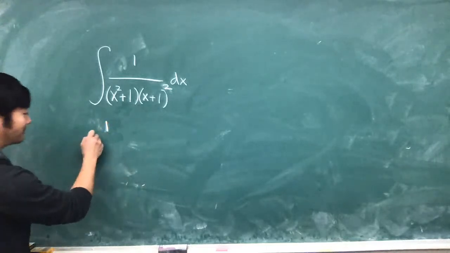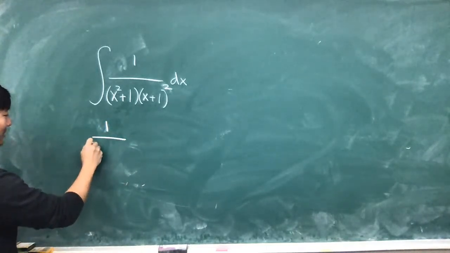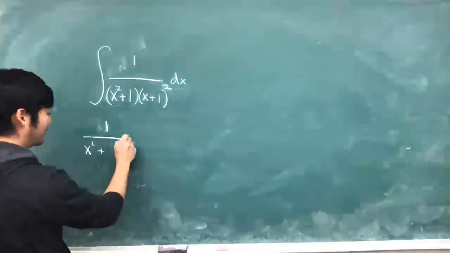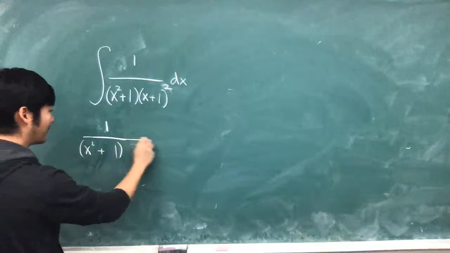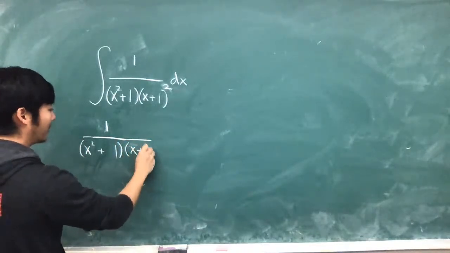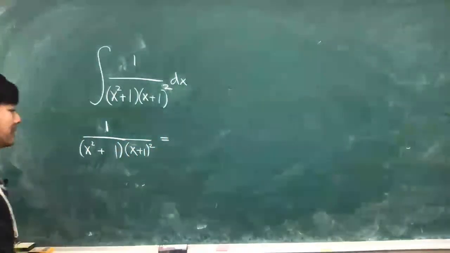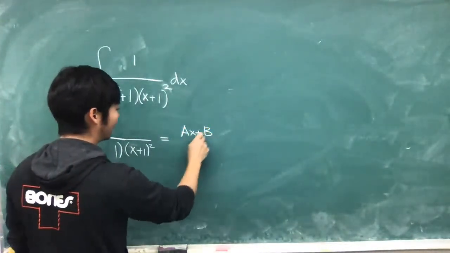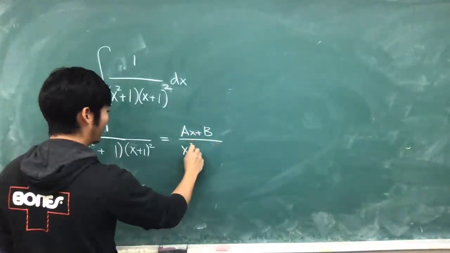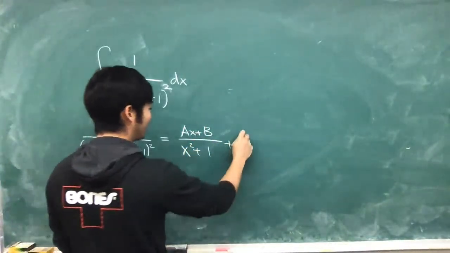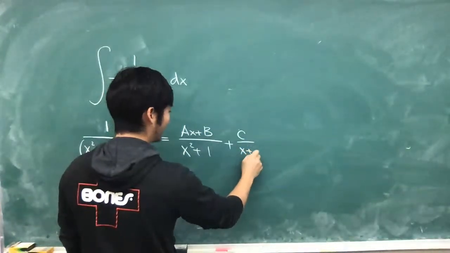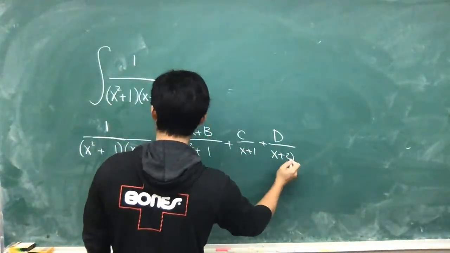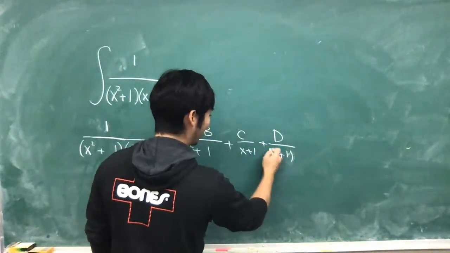Anyways, the splitting goes like this. So this is going to split as ax plus b over x squared plus 1 plus c over x plus 1 plus d over x plus 1, but then squared.